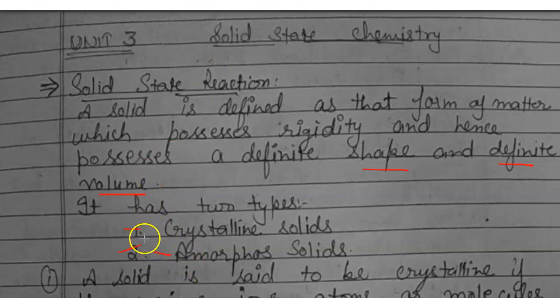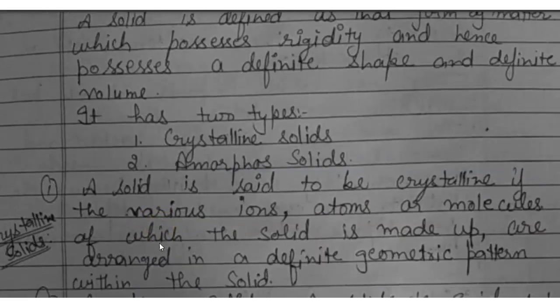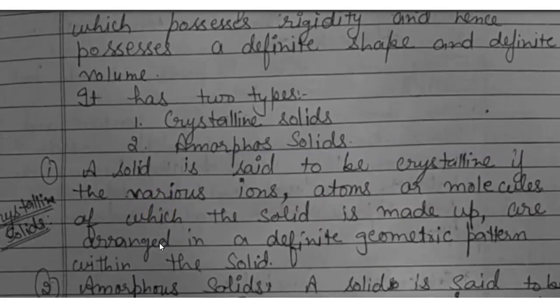So next, a solid is said to be crystalline if the various ions, atoms or molecules of which the solid is made up are arranged in a definite geometric pattern within the solid.